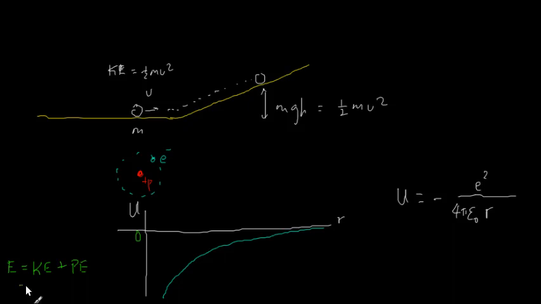Now the KE is half mv squared, plus the PE is the U, which is negative as we see. And normally, if the electron is in a hydrogen atom, the total energy would have to be negative.